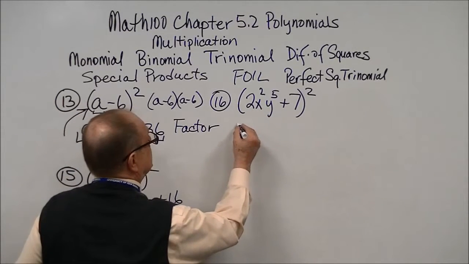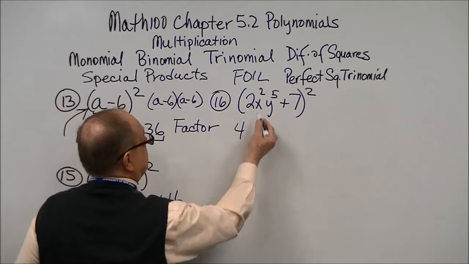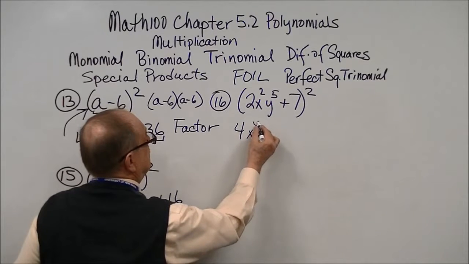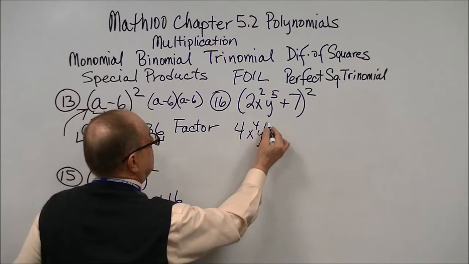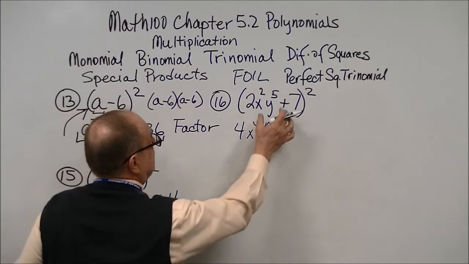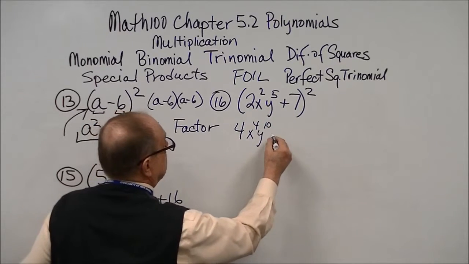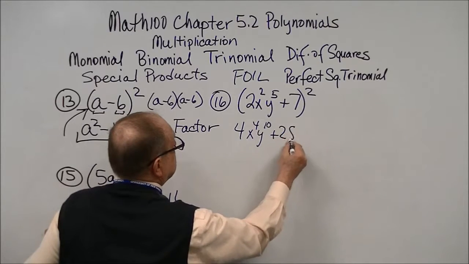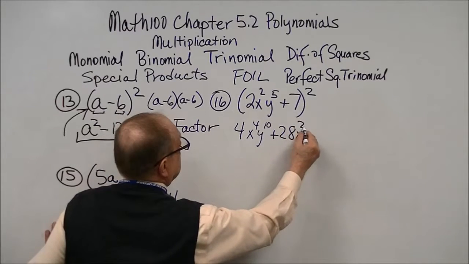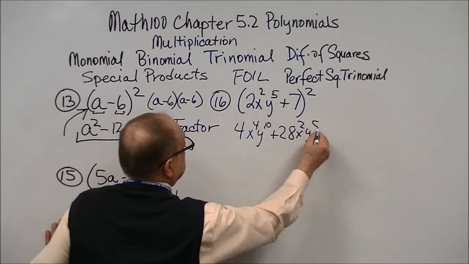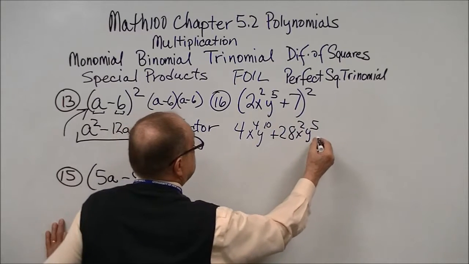So 2 squared is 4. X squared is x to the 4th. Y to the 10th. 2 times 7 is 14. Double it. And then square 7.